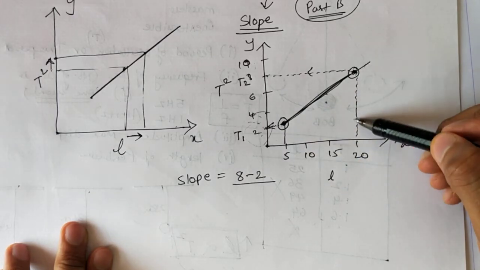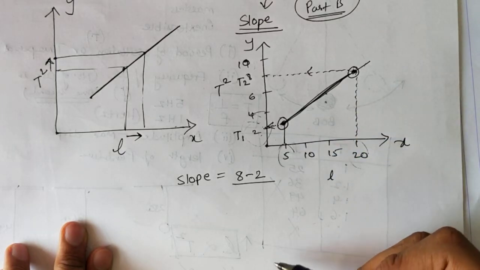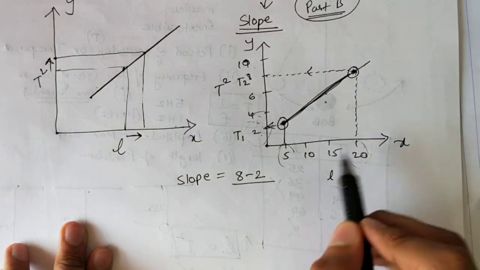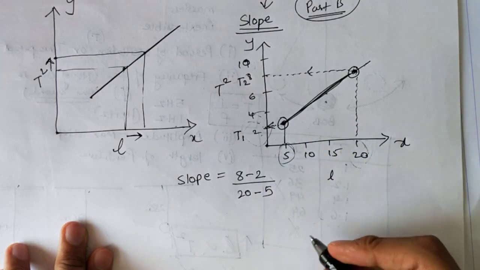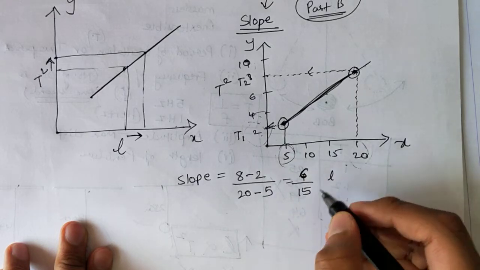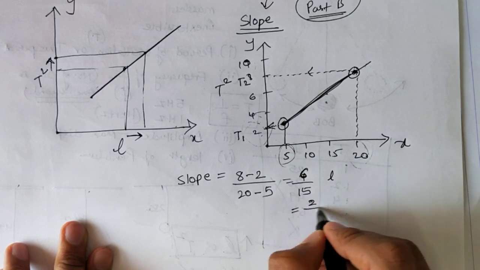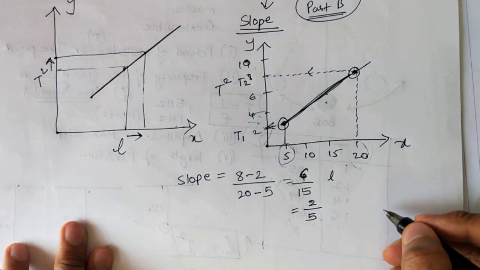Here you can see this value is 20 and this value is 5. So this is the higher value 20 minus the lower value 5. So your answer is 6 upon 15, that is 2 upon 5. This is your slope.